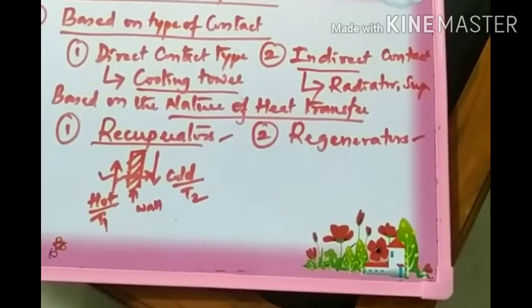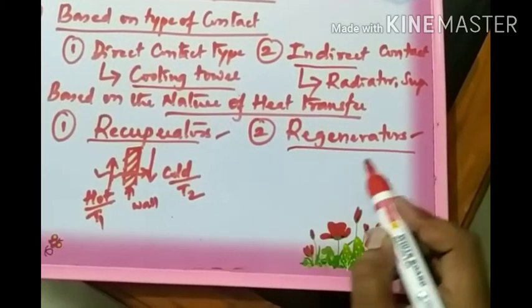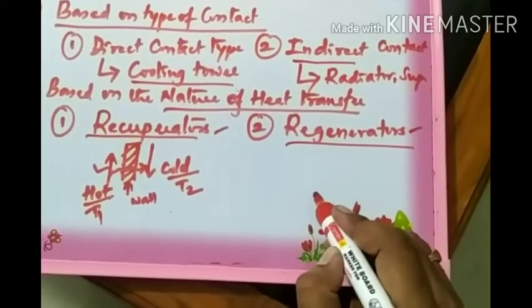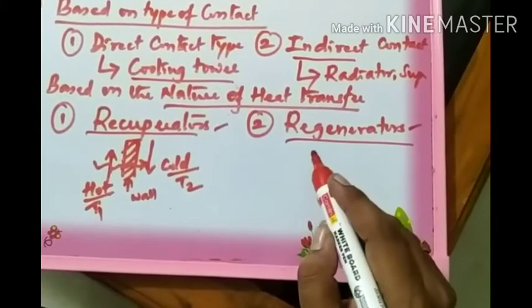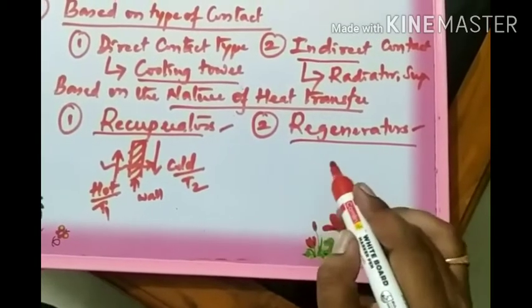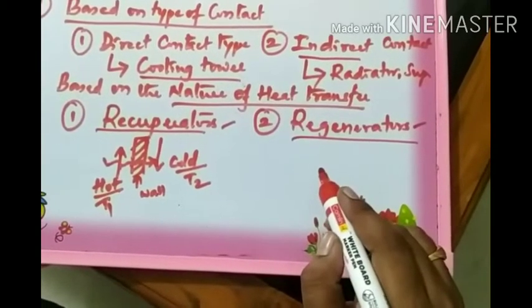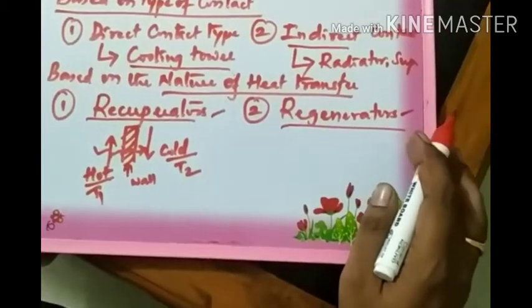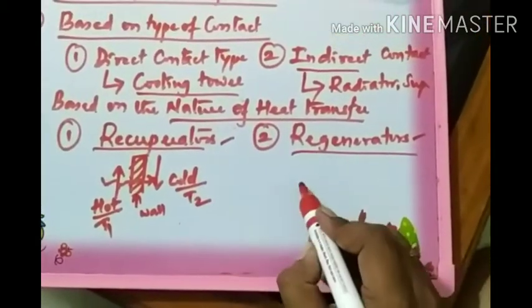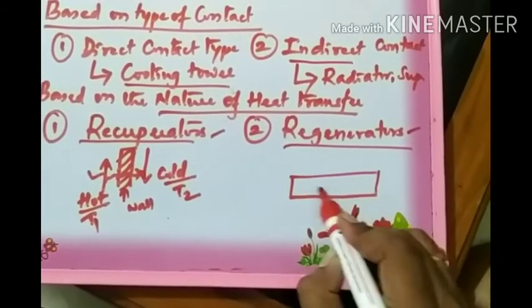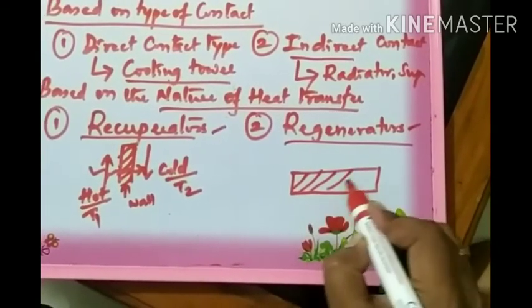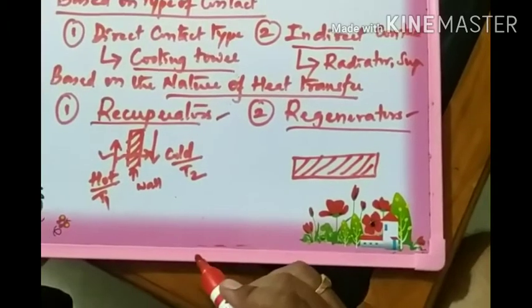I repeat again, the two fluids which are supposed to exchange the energy are made to flow alternatively over a surface such that they exchange the energy. Let me explain again with an example. Let me consider a material matrix like this. I'll consider a matrix material which is a good conductor of heat.